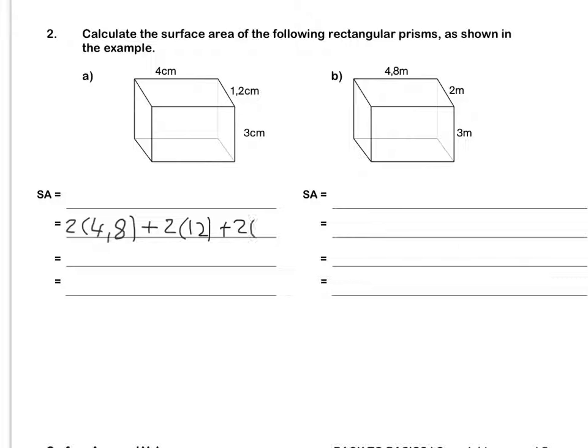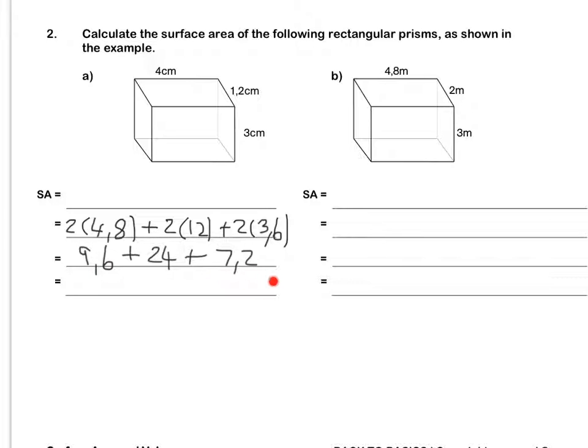Plus 2 times 1.2 times 3, which is 3.6. Now the rest of the sum works as usual. We're going to say 2 times 4.8, which is 9.6. You can check that by yourself. Plus 24, plus the last answer is 7.2. You can check that by yourself.